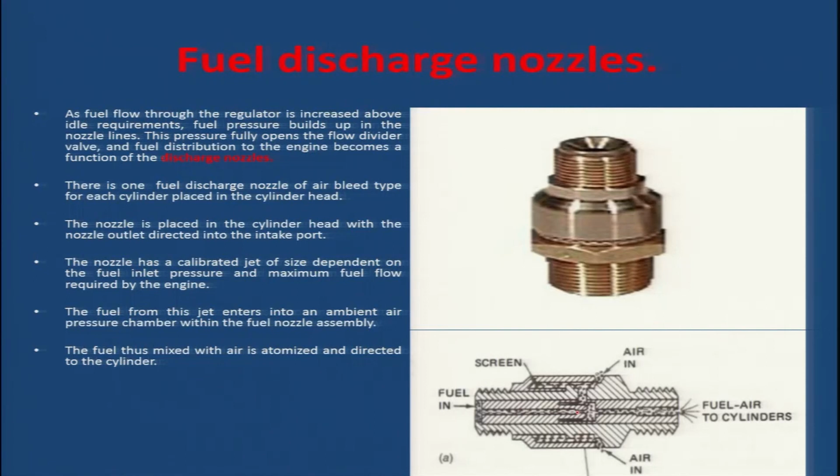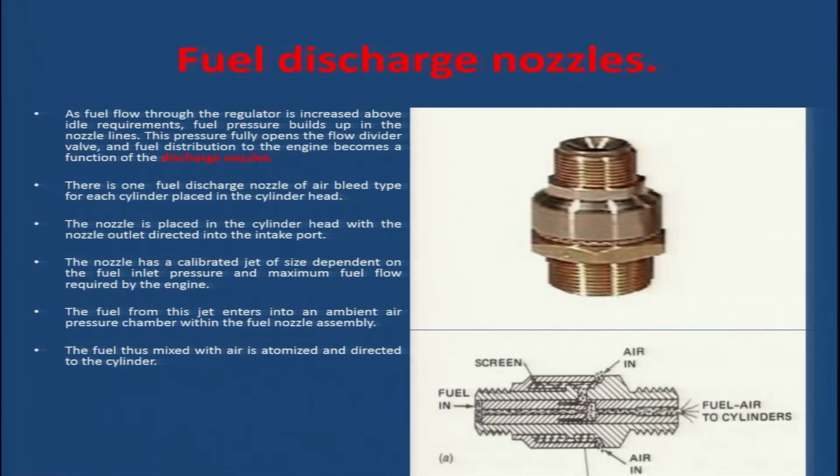This is your fuel coming in from the flow divider, and then you have air also bleeding in. You can see here there is a restrictor. We have spoken about the restrictor in our earlier slides. Above a certain range, this restrictor takes care of the equal metered distribution of fuel.